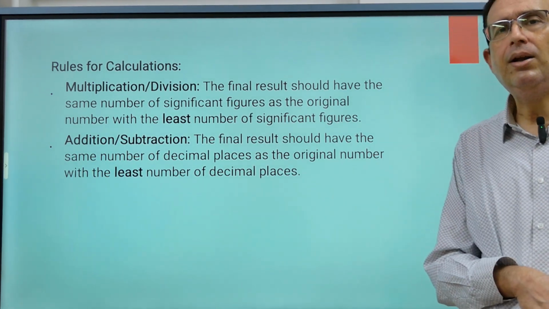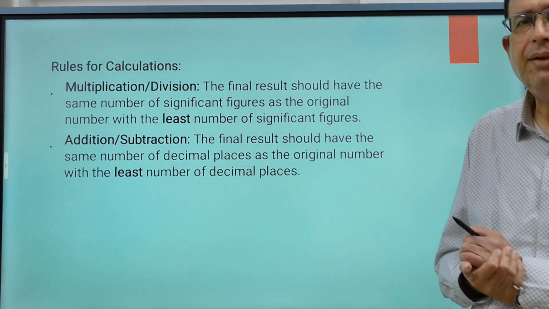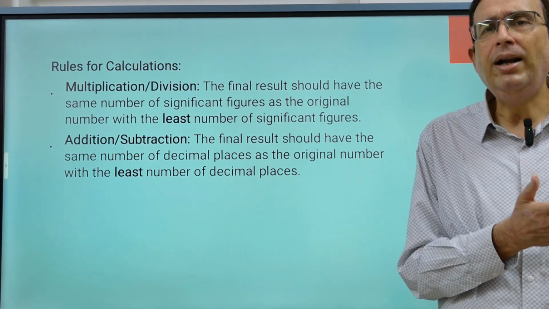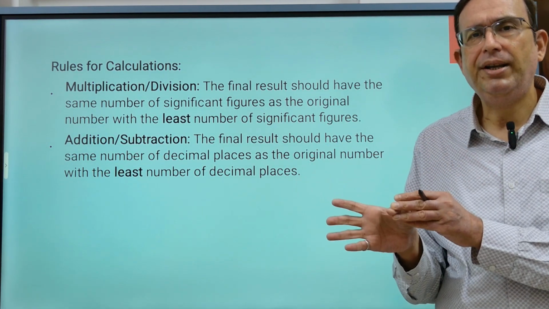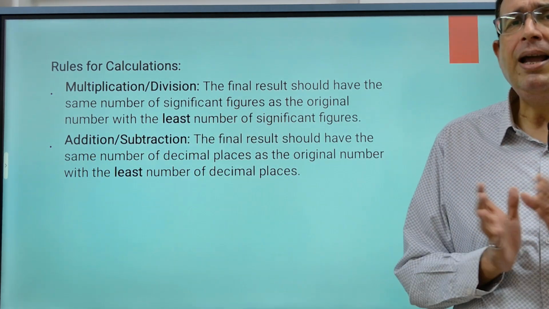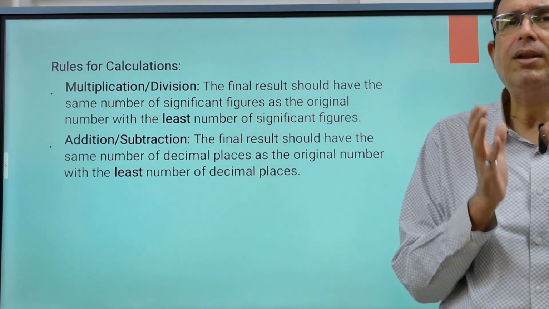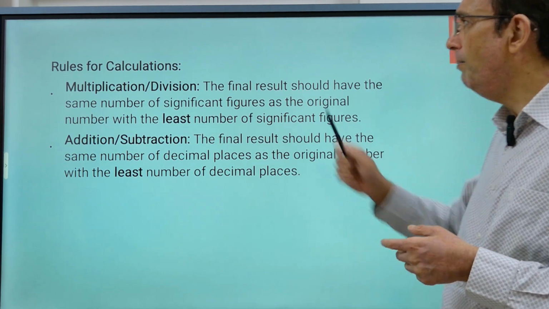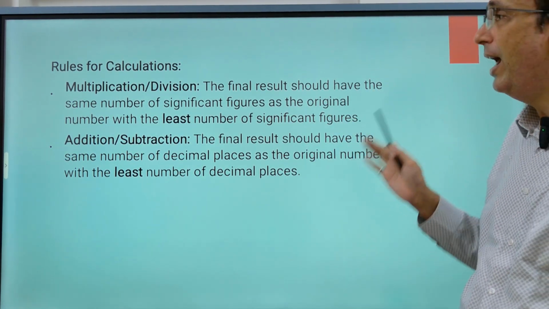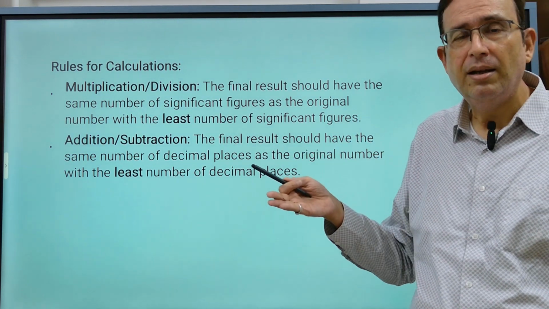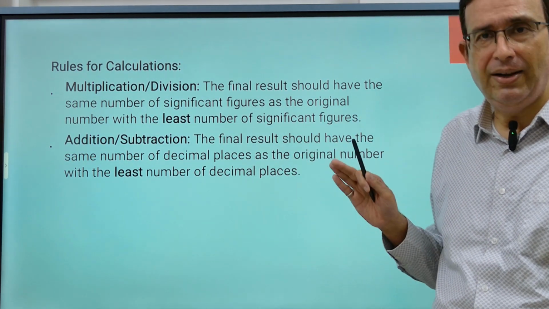Now, whenever we calculate some quantity from the measured quantities, for example, if you measure mass and you measure acceleration, then you multiply the two quantities to find out what the force on that object is. In that case, when you are multiplying, the final result should have the same number of significant figures as the original number with the least number of significant figures.